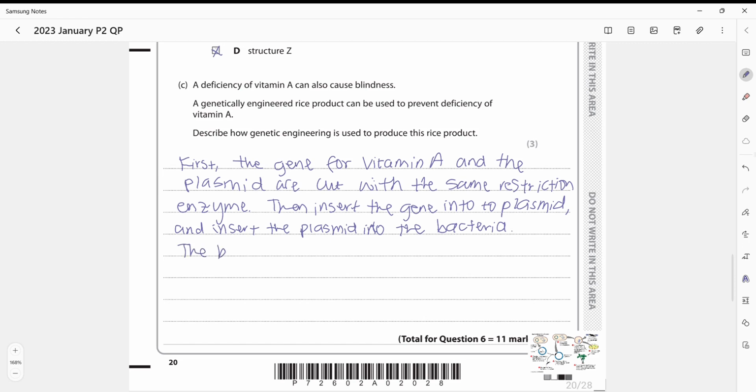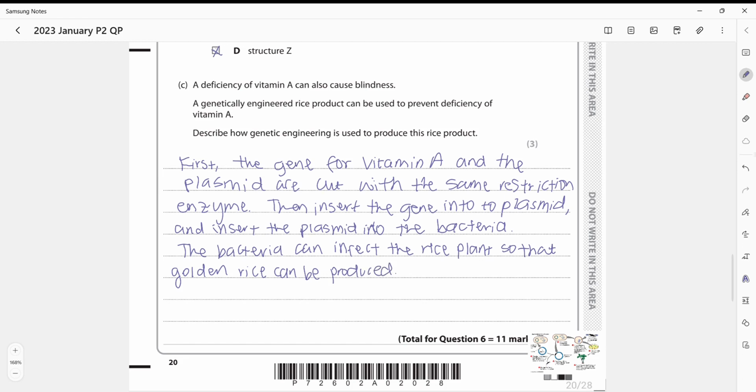The bacteria can infect the rice plant. So that golden rice can be produced.